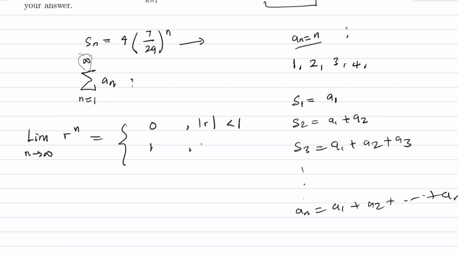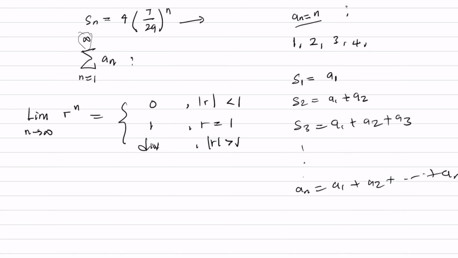And this is 1 if r is 1. And this diverges if your absolute value of r is greater than 1. If you take the absolute value and it is more than 1, it's going to diverge. If it is less than 1, it's going to converge. If it is 1, it's going to be 1, right?